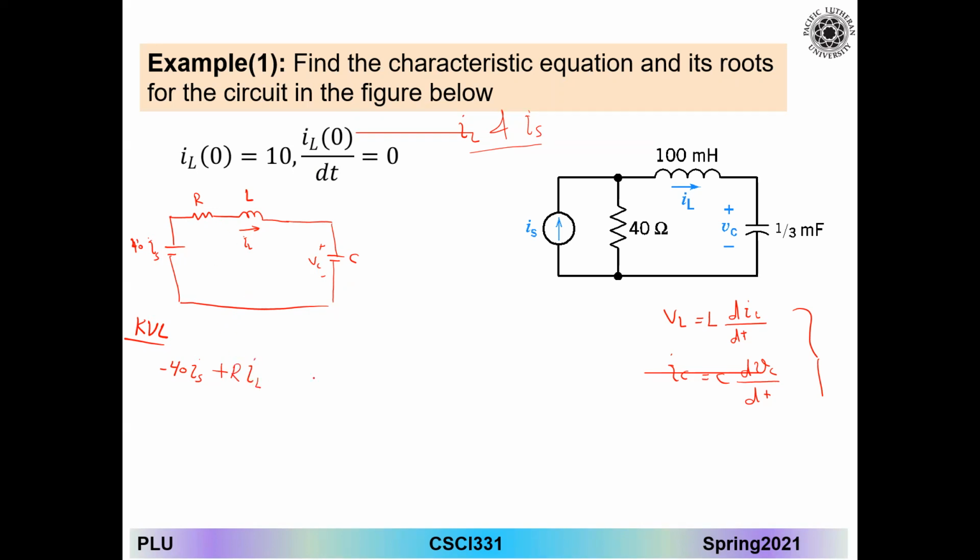Current, I will call it IL plus what? Plus voltage across the inductors. What is the voltage across the inductors? I go back to my equations here. This one should be L dIL divided by dt plus VC. This quantity equals 0. Question with that?